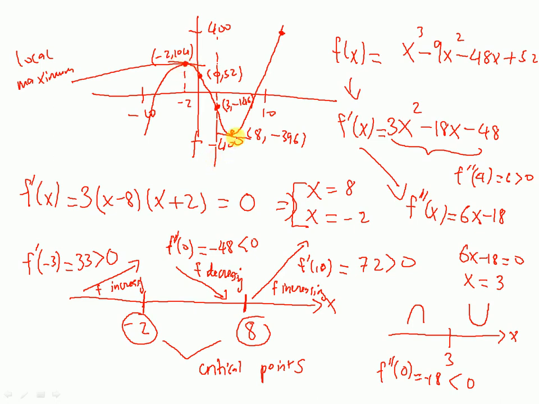The same thing here, you have the local minimum, where you have the minimum value of the function around this region only. Now, the local minimum usually occurs where you have concave up, and the local maximum occurs where you have concave down. That's it.